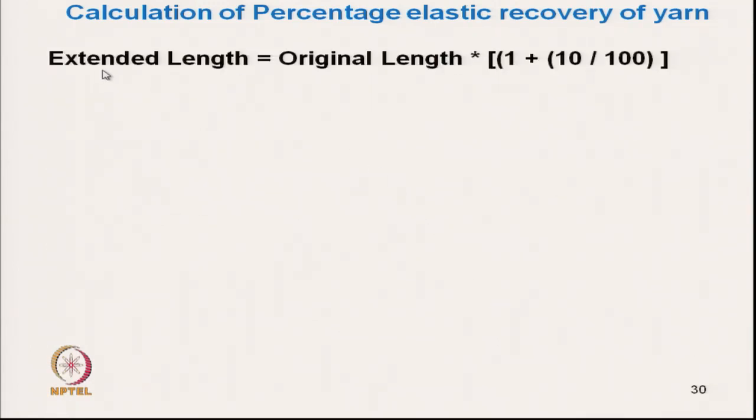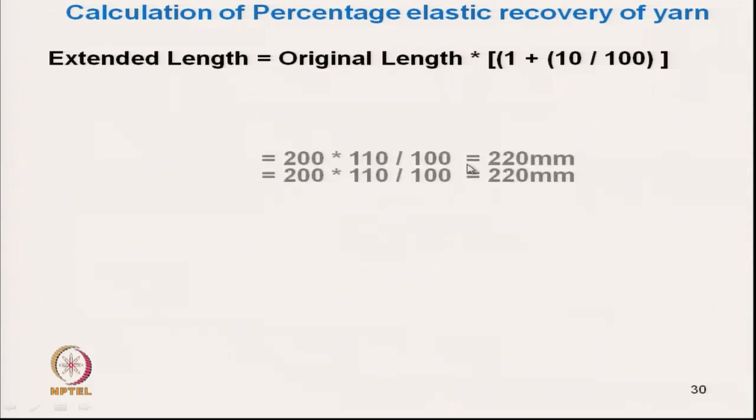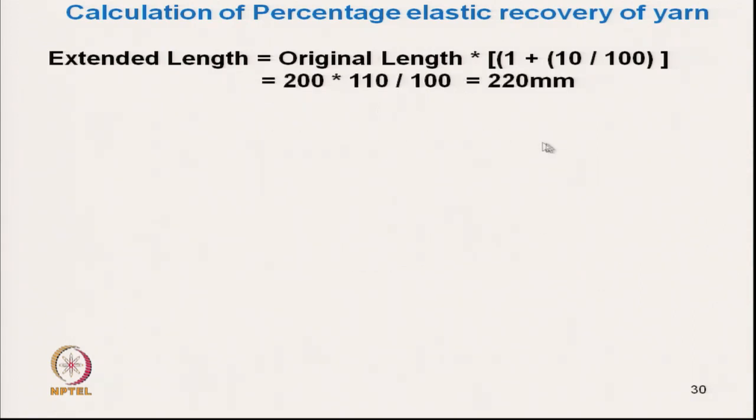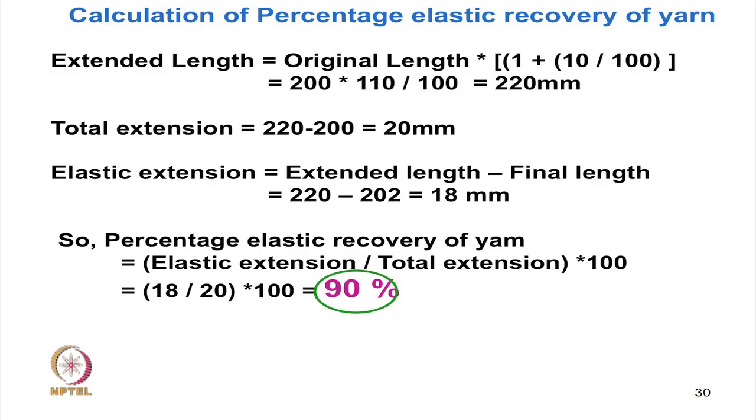So, the extended length will be 10% of the original length, so it has become 220 millimeter. The total extension is 20 millimeter, and the elastic extension is the extended length minus the final length. The final length was given, so the elastic extension is 18 millimeter.